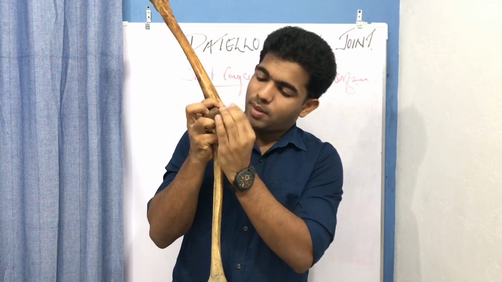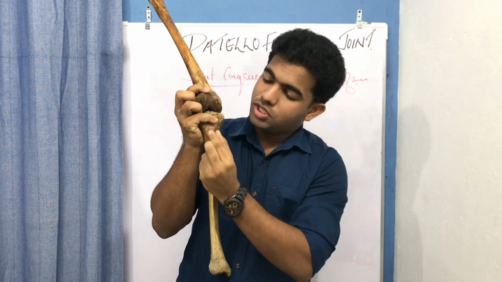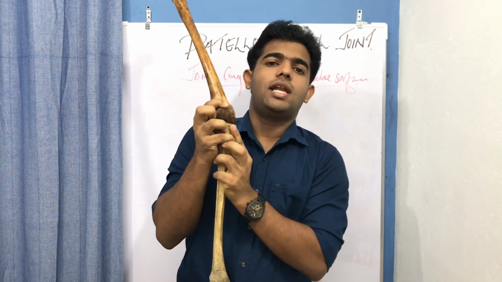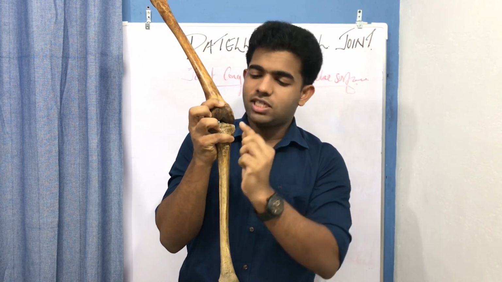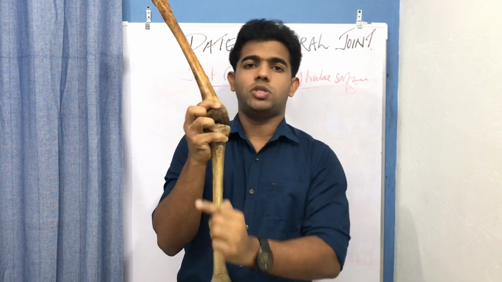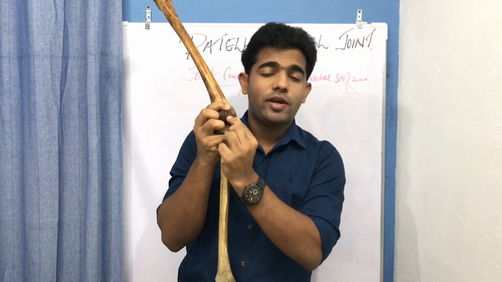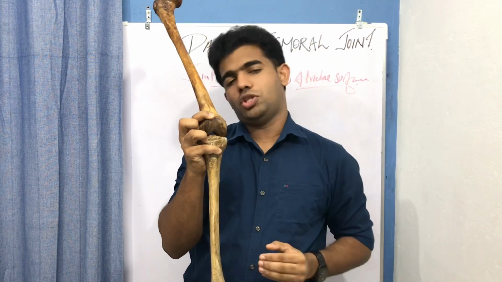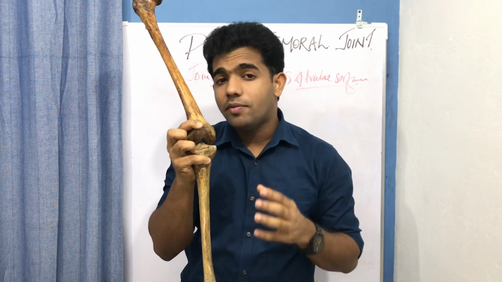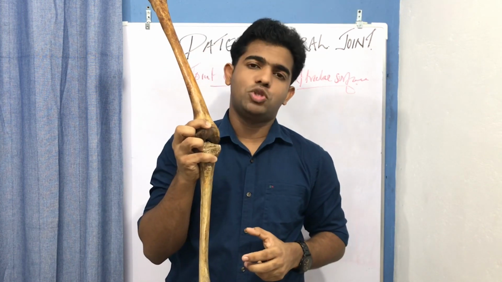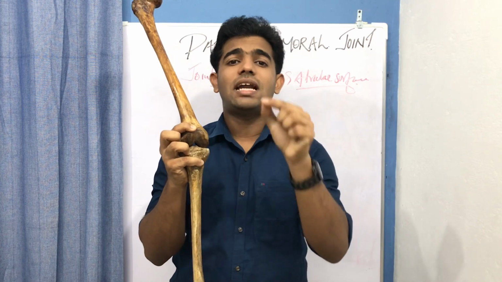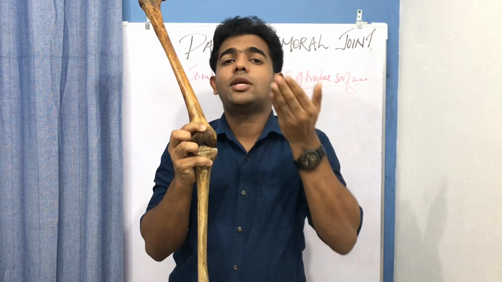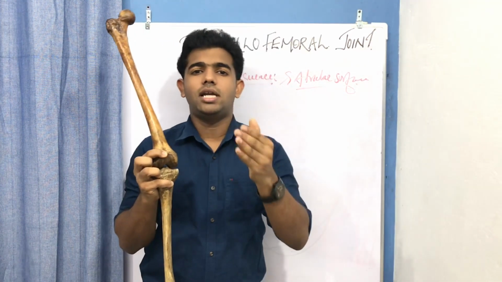You know that the patella is attached from here to this tibial tuberosity via the patellar tendon. If the length of the patellar tendon is higher, for example, it is 2 cm, but here if it is 2.5 or 3 cm, what happens? The patella will sit in a bit more higher position, and that is known as patella alta. When the position of the patella is a bit higher than the normal, it is known as patella alta.